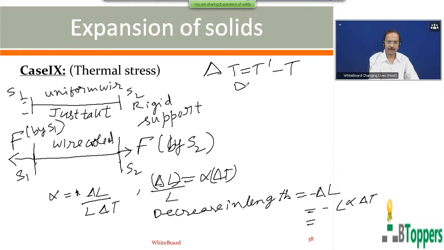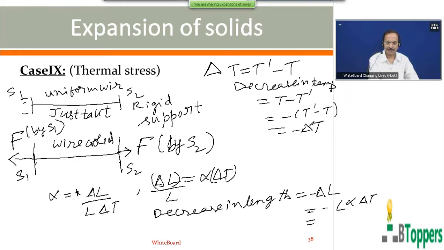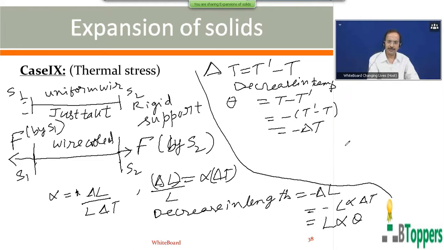So decrease in temperature is denoted by theta. That is the initial temperature minus final temperature, or minus of T dash minus T, or minus delta T. Or we write L alpha theta. The theta is the decrease in temperature, or mod of delta T.